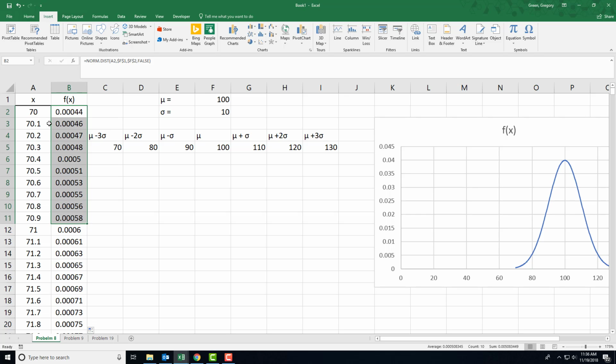So the reason I can't just add up these numbers to get the probability between 70 and 71 is I have a bunch of holes in my data, which I hope gives you an idea of why I can't really talk about probability at a point anymore, because a point has no mass.